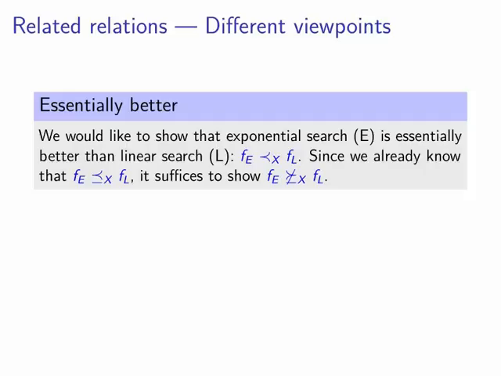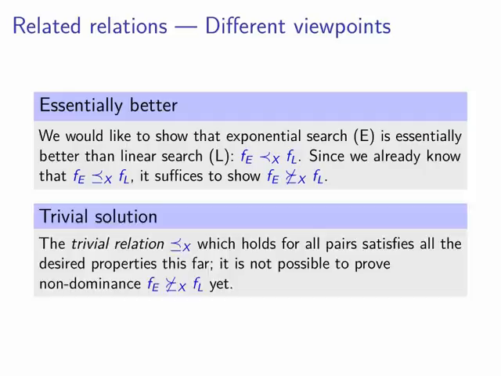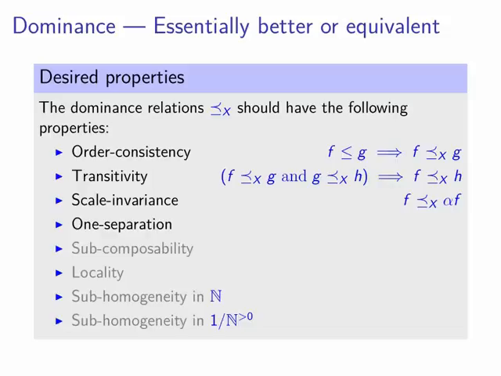So it's sufficient to show that FE does not dominate FL. So if we define a trivial relation which holds for every pair of cost functions, then we have all of the desired properties thus far. So this tells us that it's not possible to prove non-dominance yet.